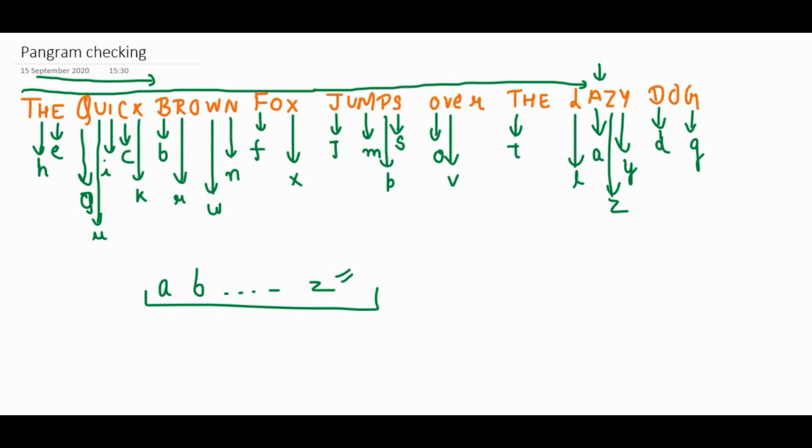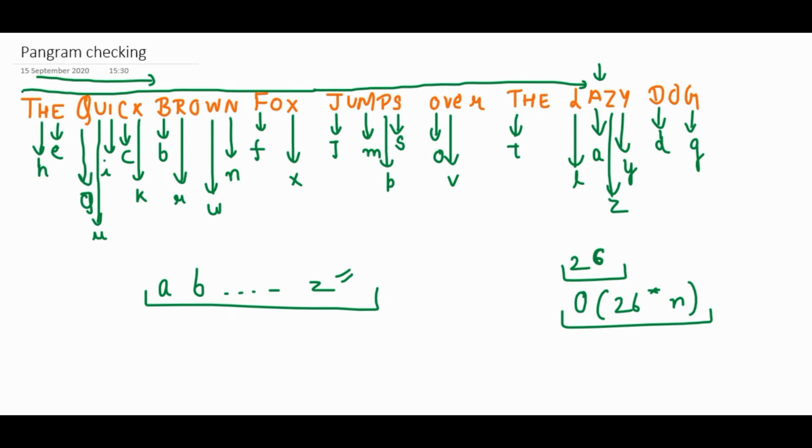So if it contains all the characters from A to Z, we have to iterate over it 26 times. Right? So what will be the time complexity? The time complexity will be big O of 26 into n, right?